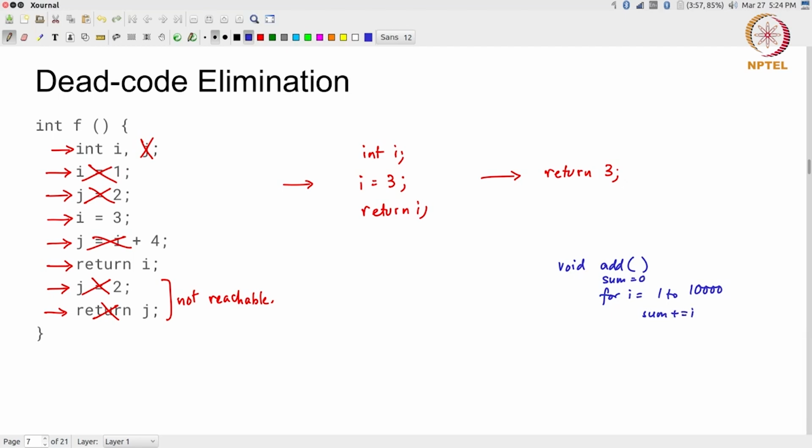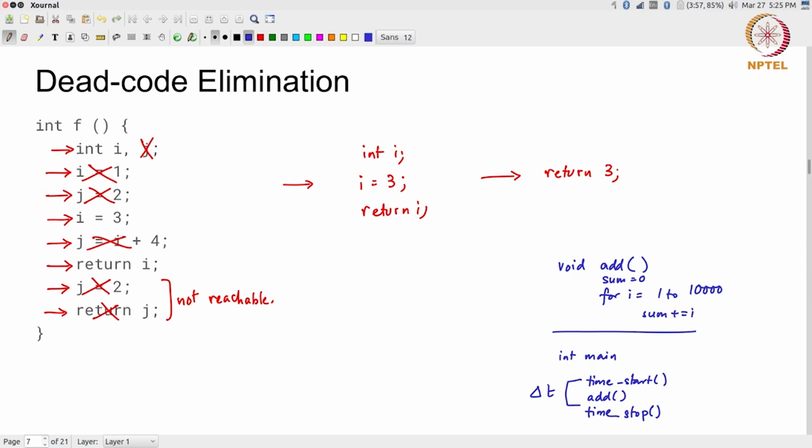And then I call this function, start a timing factor over here, call add and stop. In other words, the delta time that I find over here should give me the time required for 10,000 addition operations, and by dividing by 10,000 I can get the average time required for one addition.